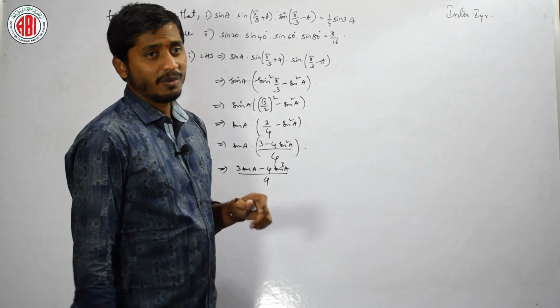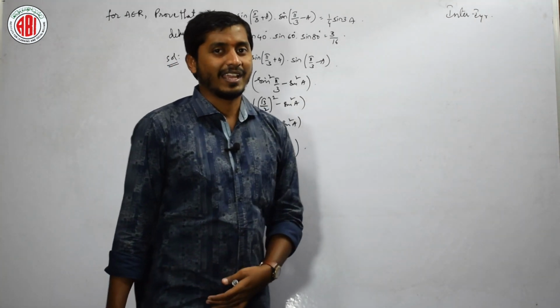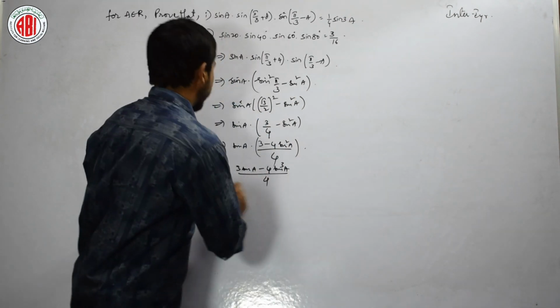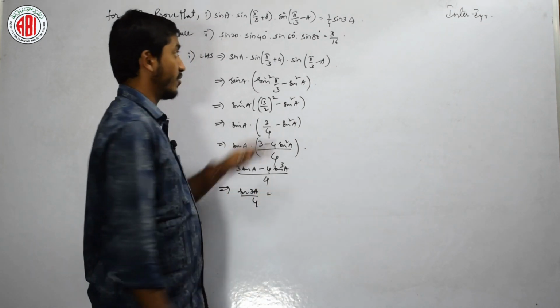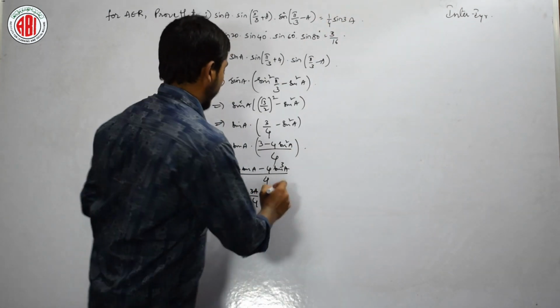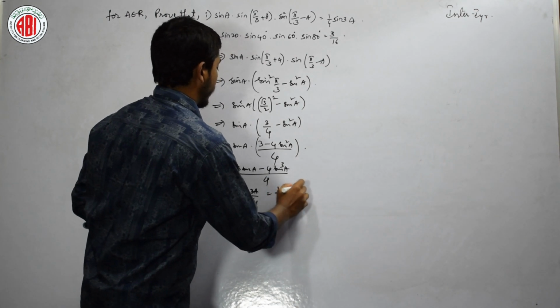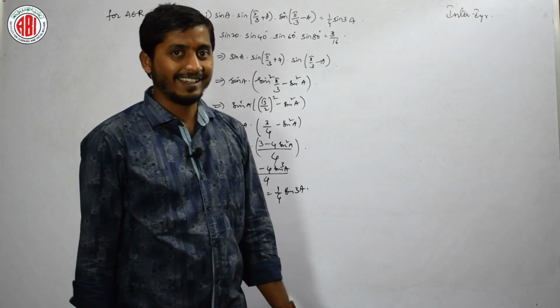Do we have any formula for 3 sin A minus 4 sin cube A? Yes, we have. That is nothing but sin 3A, whole divided by 4. That is what he asked us to prove, that is 1 by 4 sin 3A. Are we getting the same which is given in the question?